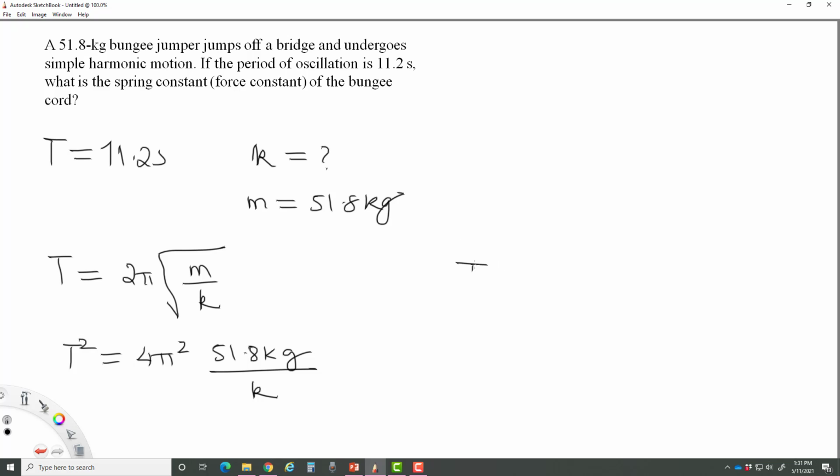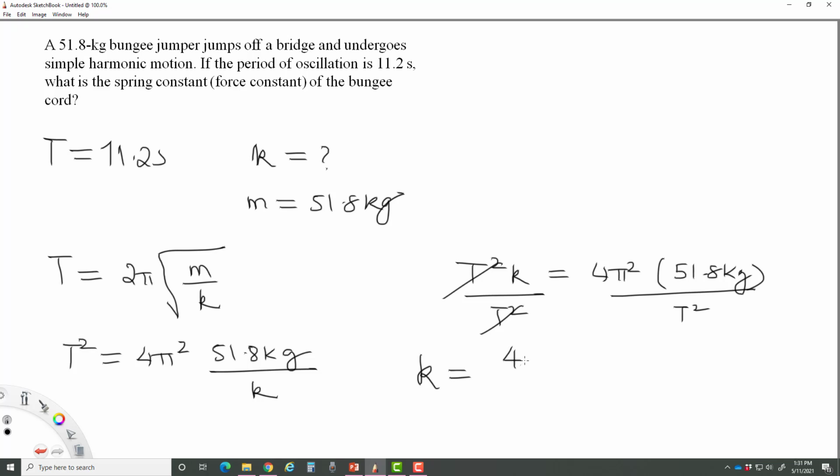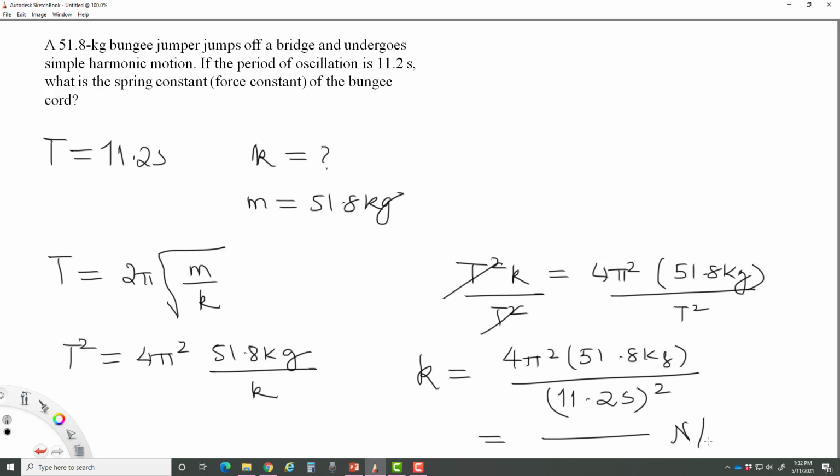Multiply both sides by k, you get T squared k is 4 pi squared times 51.8 kilograms, and then divide both sides by T squared. Cancel T squared and T squared, so k is 4 pi squared times 51.8 kilograms over T squared, where T is 11.2 seconds, squared. Calculate that, that will give you k. k is measured in Newtons per meter.